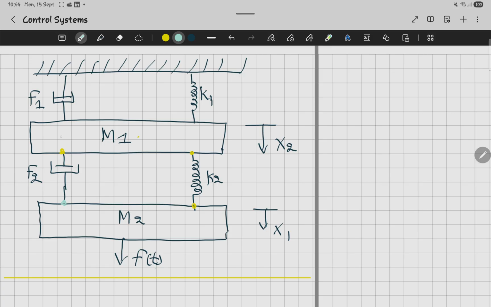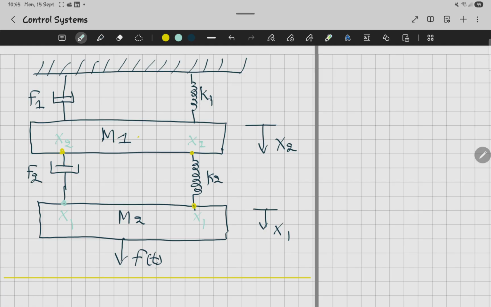Since we know that x2 is applied to m1, I'm putting x2 whenever there is a connection to m1. And for m2, x1 is what I see there, so I'm just going to put x1.